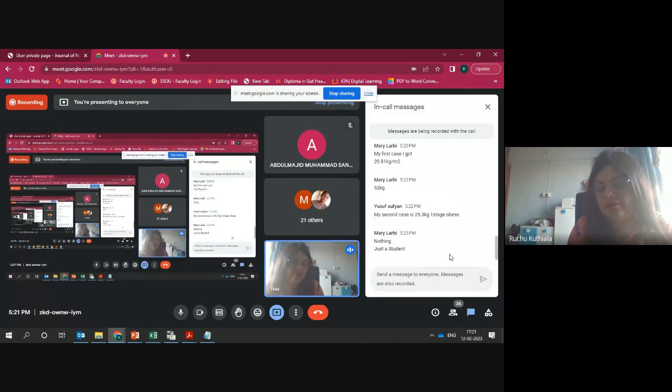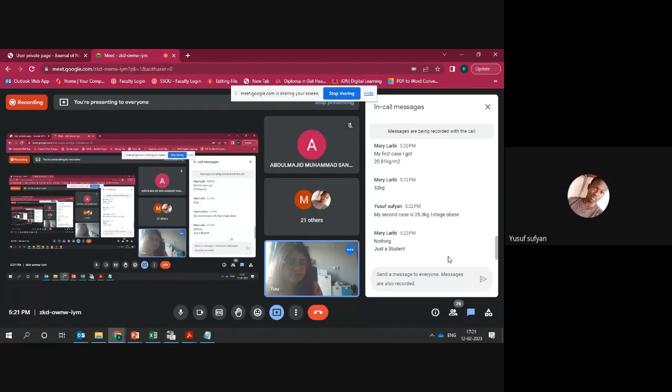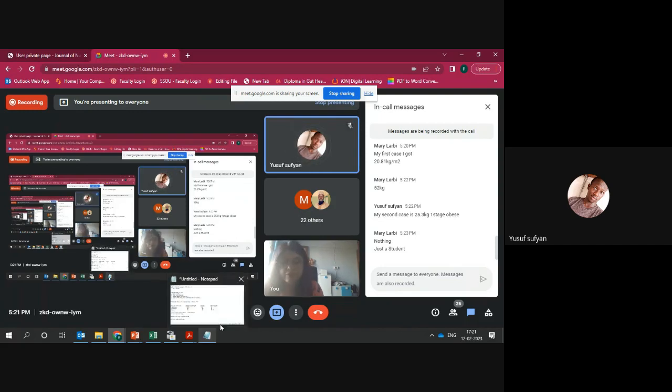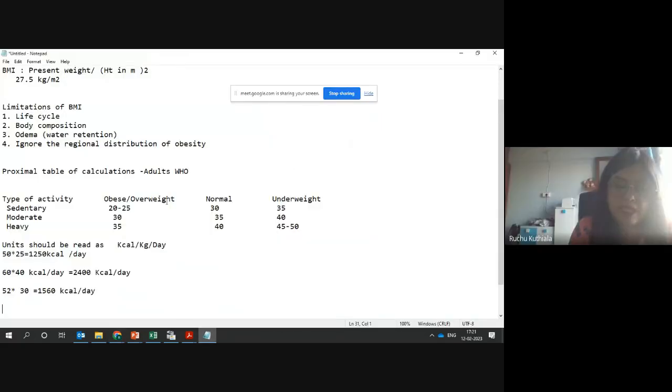Are they doing some kind of exercises? Doing nothing, ma'am. Okay, doing nothing. That means they are obese and they are doing nothing, a very sedentary kind of lifestyle. So we may pick up 20 to 25 factor.